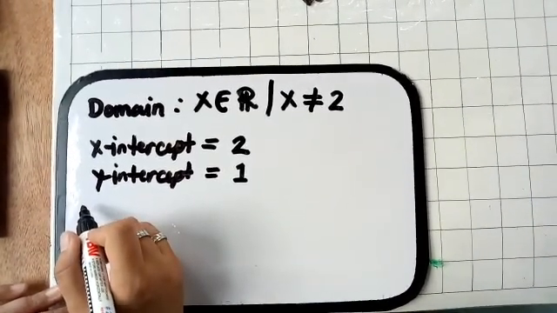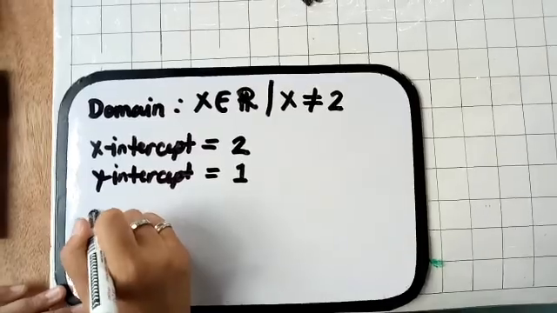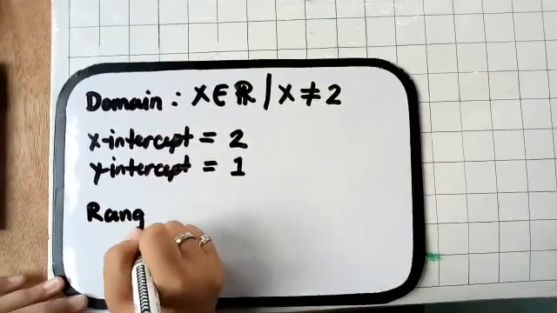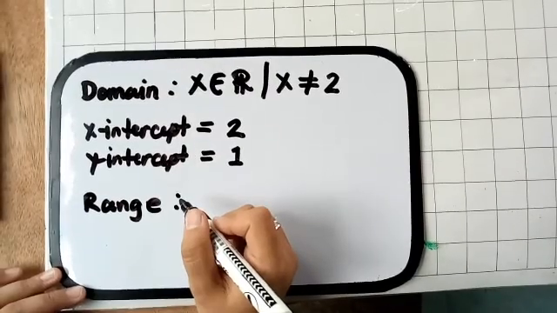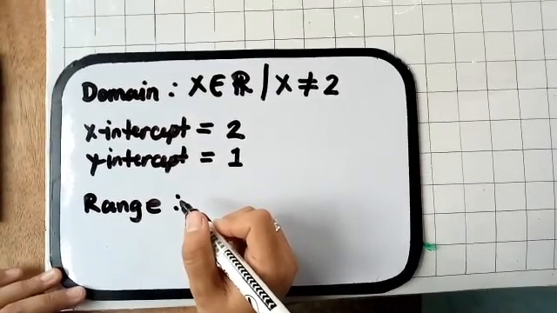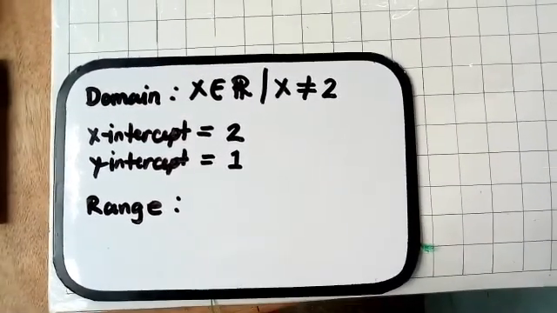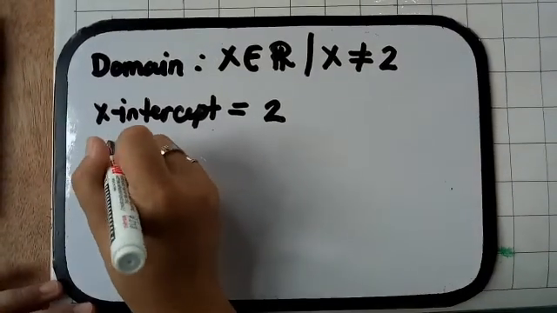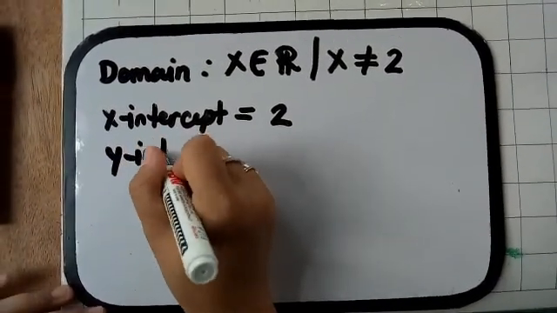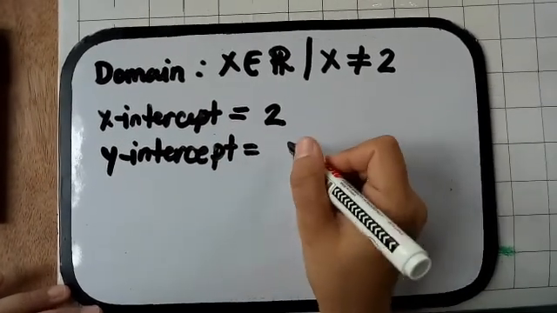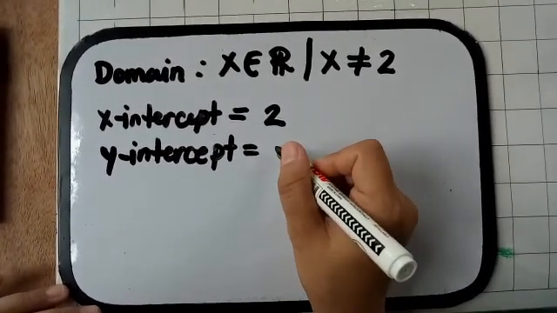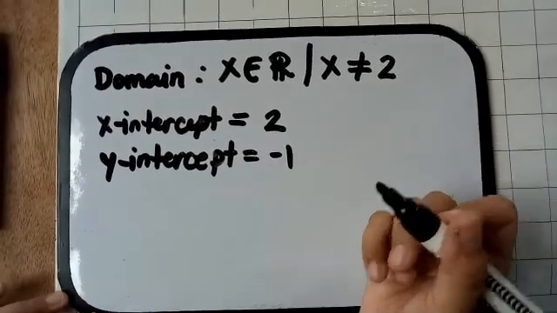For the y-intercept, since our f of 0 is equal to negative 1, our y-intercept is negative 1.